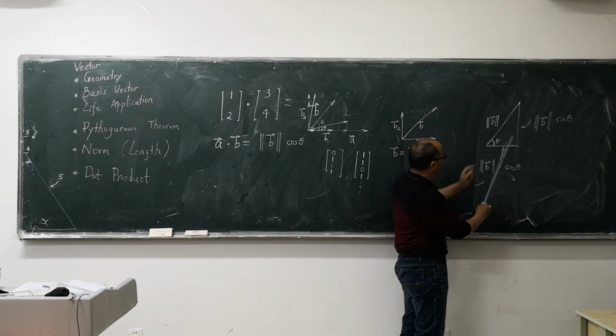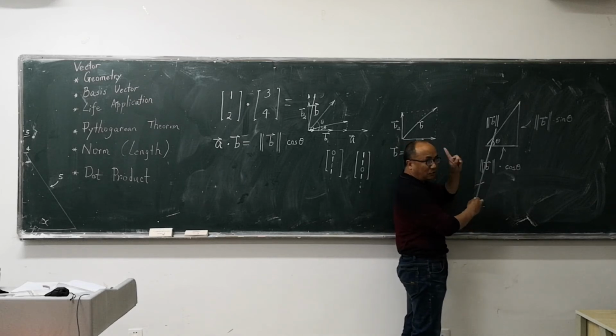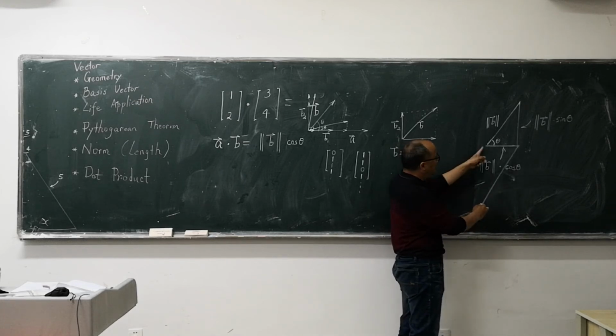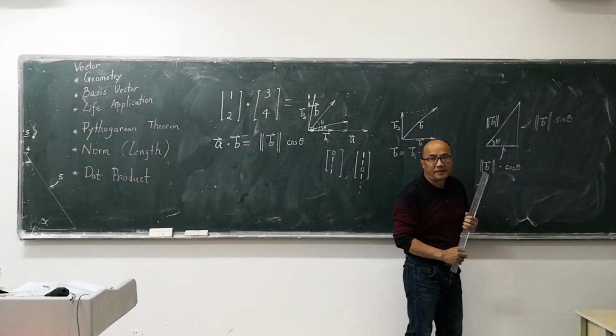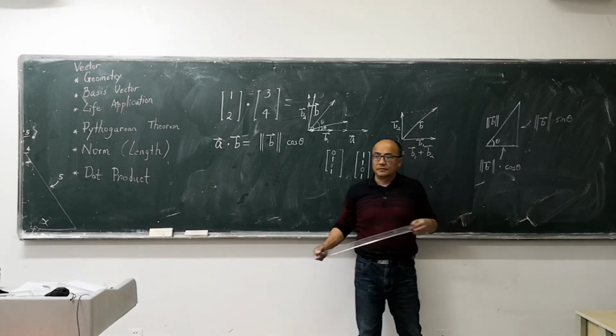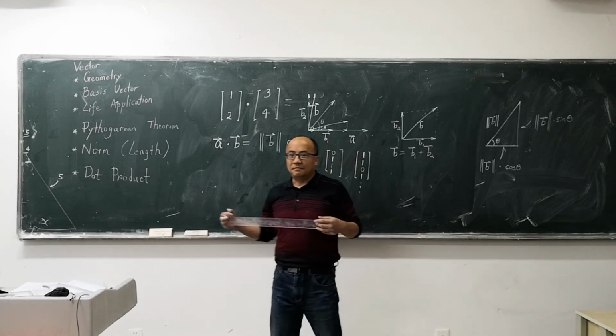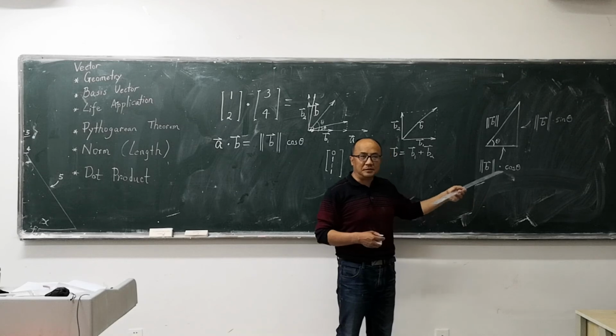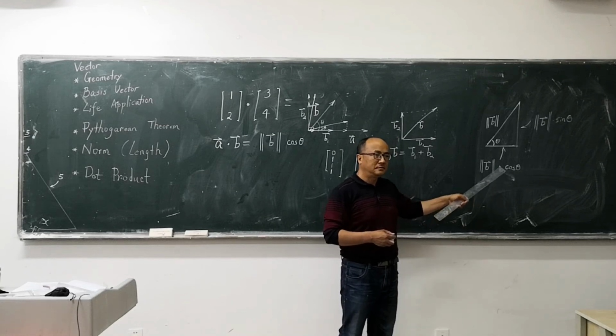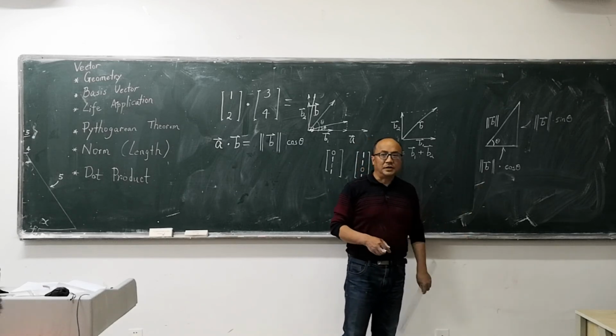When this is 1 unit, then here is the cosine theta. Here is the sine theta. If you find a girlfriend, you need to get this correct. Trigonometry.